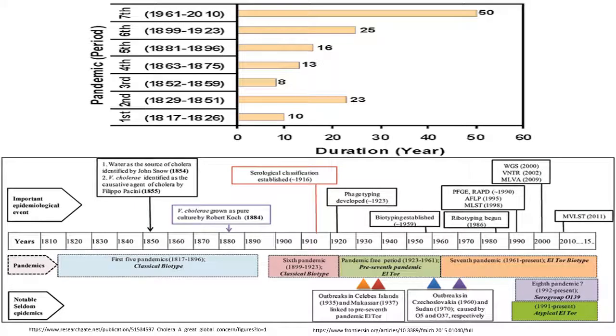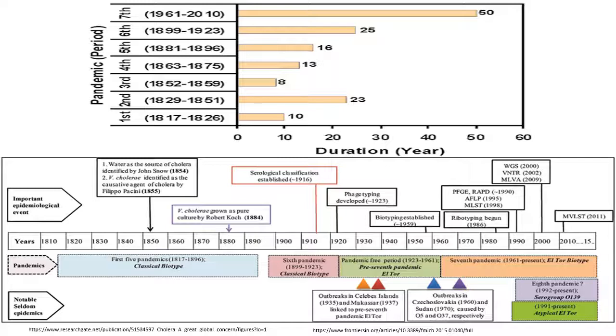Here, I have 2 figures to help explain the 7 different waves of the pandemic that happened with cholera. The top figure is a timeline showing how long each wave lasted. If you look at just the first 5 pandemics, they all take place in the 19th century, with durations from about 8 to about 23 years, which isn't anything major.